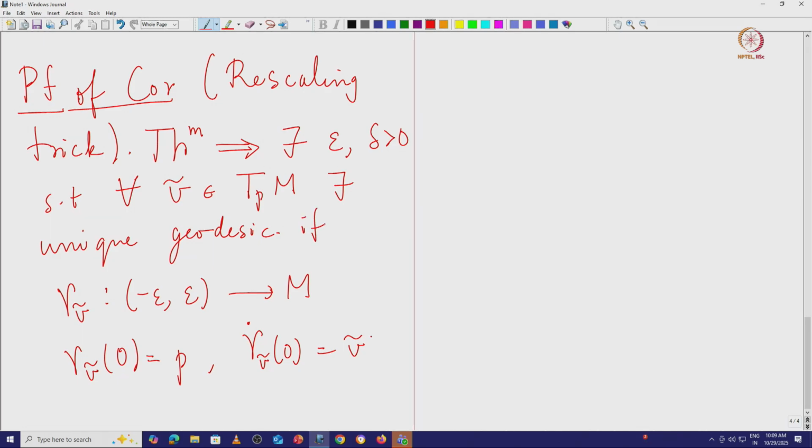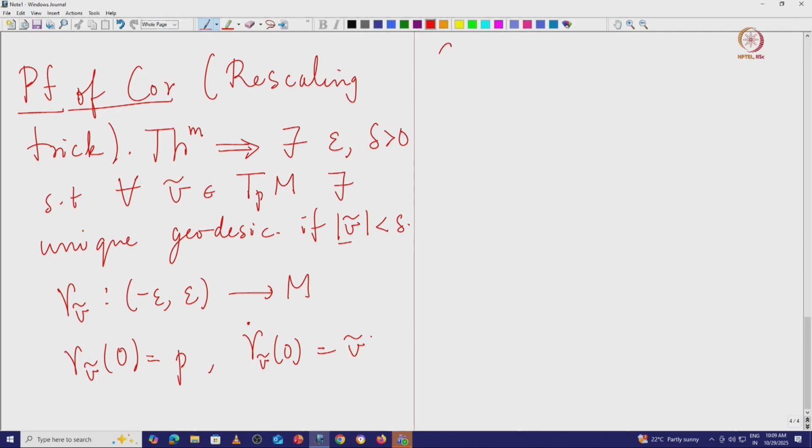Okay, where you assume that the norm of v tilde is less than delta. So now suppose you are given this tangent vector v, which could be sort of a really long vector. The idea is to rescale that vector so that it has norm less than delta.